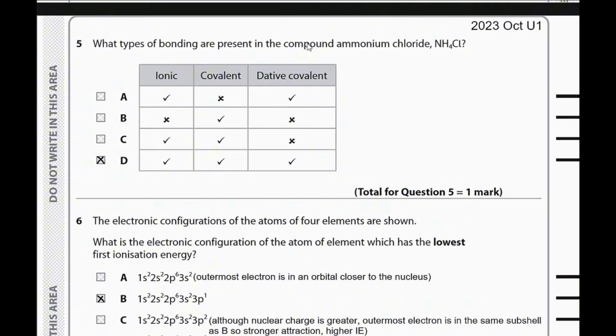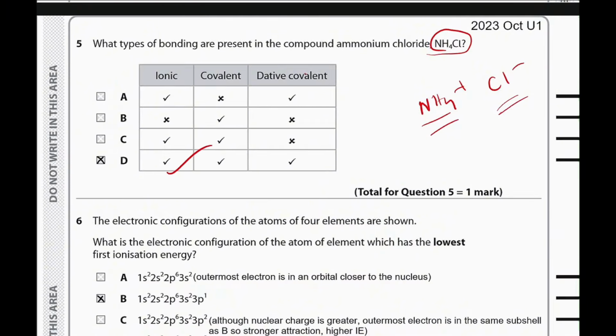Moving on, what types of bonding are present in the compound ammonium chloride? So the question is, in NH4Cl, if you draw the bonds right here, you have NH4 plus and Cl minus. Since both of them consist of a cation and an anion, we know that an ionic bond is definitely going to be present.